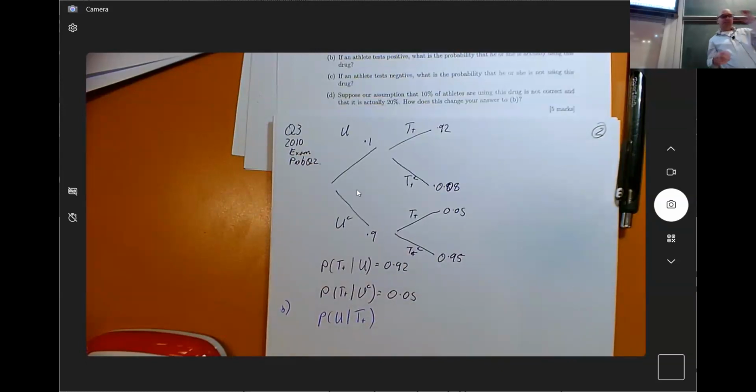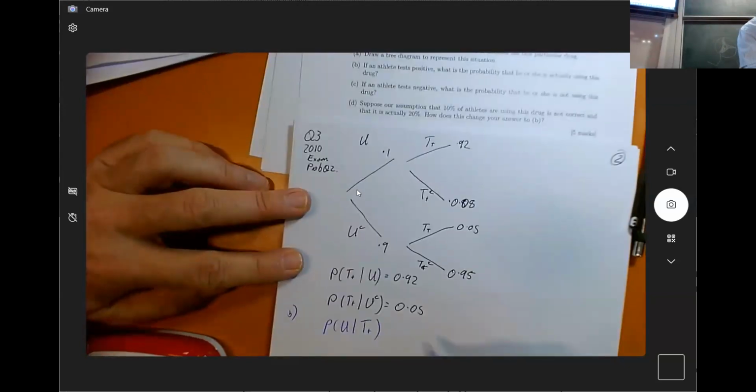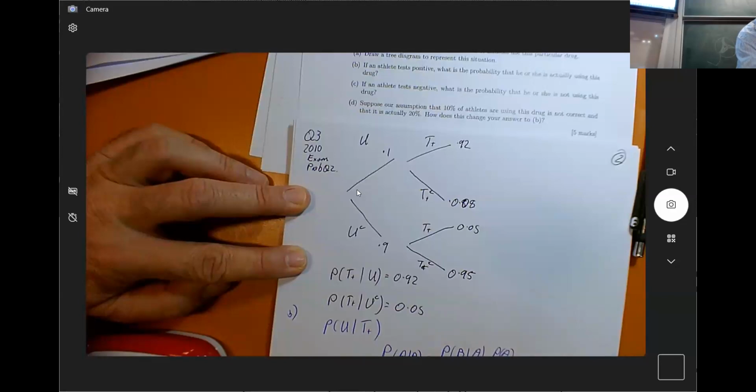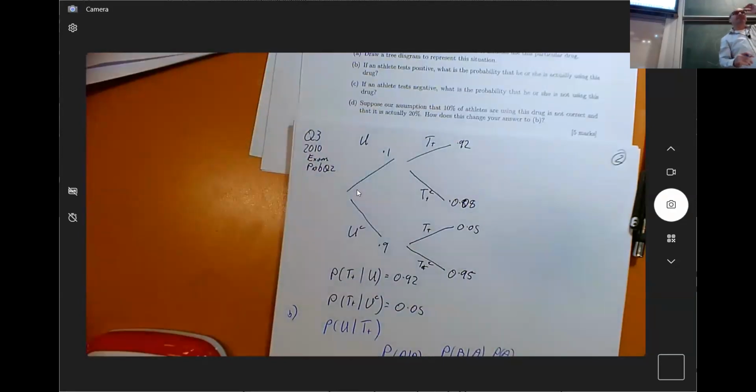Now this is where we have the funky rule. So the rule says the probability of A given B is equal to the probability of B given A times the probability of A divided by the probability of B. All right.